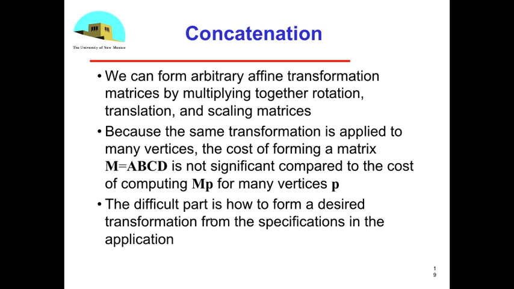If you're going to apply it to a lot of vertices, then the trick is to form A, B, C, then A, B, C, D, then A, B, C, D, E, F, no matter how many it takes, and then just use the product, send that to the shader. But the hard part, as we note here, is how do I form the matrix that I want from the specifications that come from the application.